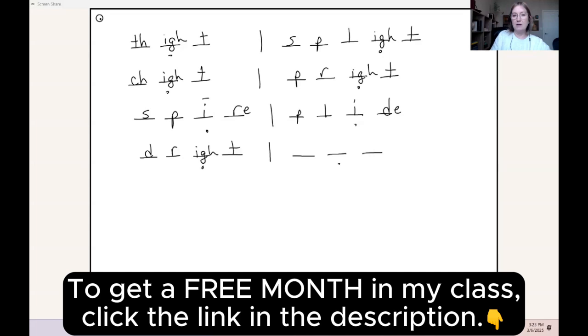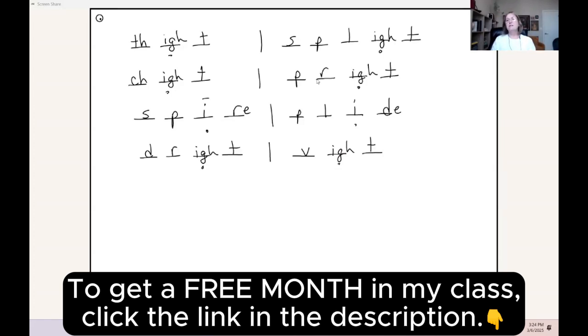All right. Yep. Good. So we're starting with the V, we're ending with the T. Since it's a one vowel word or one syllable word or a short word, either however you want to state that, that ends with a T, we're going to use the IGH in the middle.